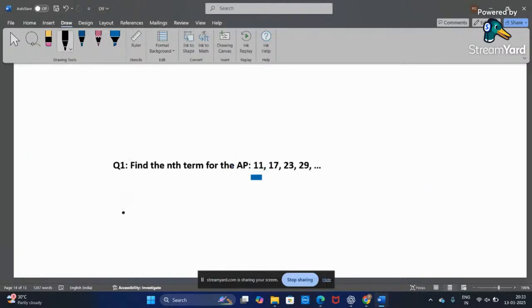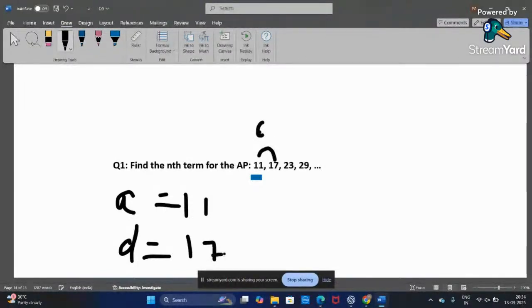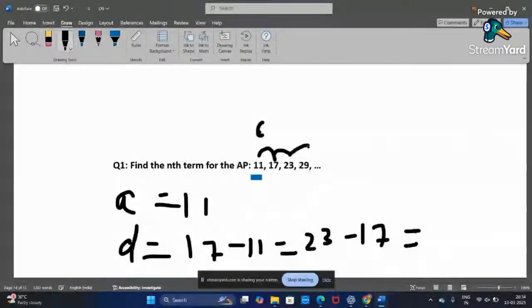I'll write it down here. Here A is 11, that is your first term, and D. What is D here? The difference between this and this is 6. That means 17 minus 11, it is the same, right? Then this difference, 23 minus 17, that is also 6. Then this difference also is the same, 29 minus 23.